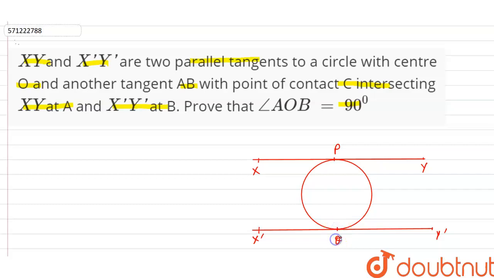We are also given another tangent AB with point of contact C, intersecting XY at A and X'Y' at B. So we draw this tangent according to the question.